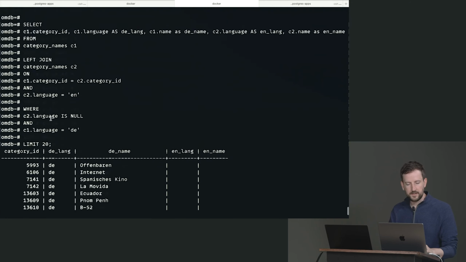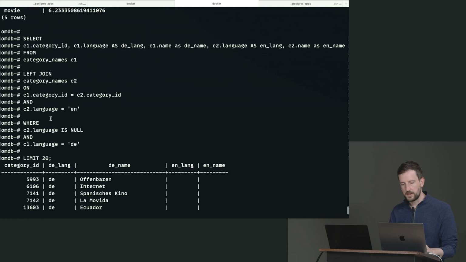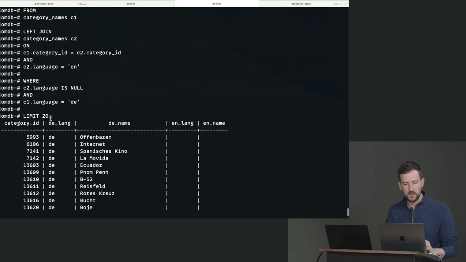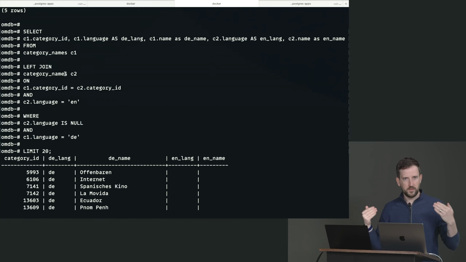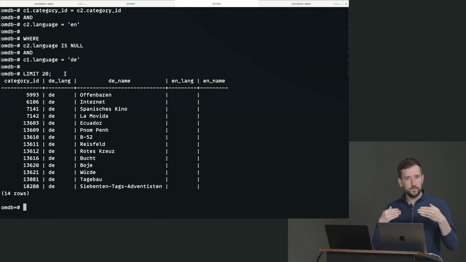So what I did is I asked the question, and let's just break it down. I recognize this is weird and confusing to look at, a table joining to itself. But I joined the category tables to itself, and on the left side I have all German categories, on the right side I have all English categories, and I'm asking to join them together wherever there is both an English name and a German name, eliminate it from the result set.